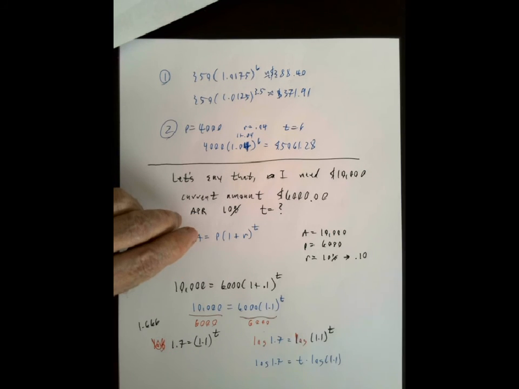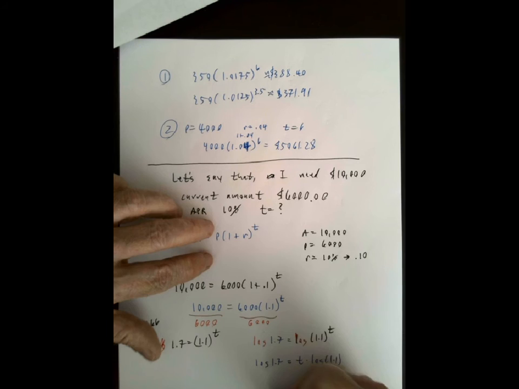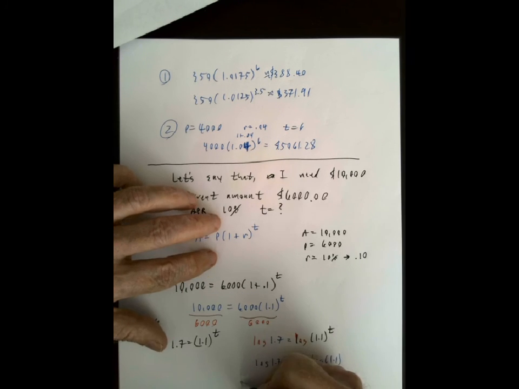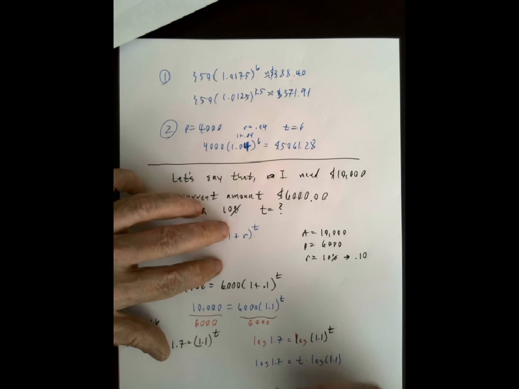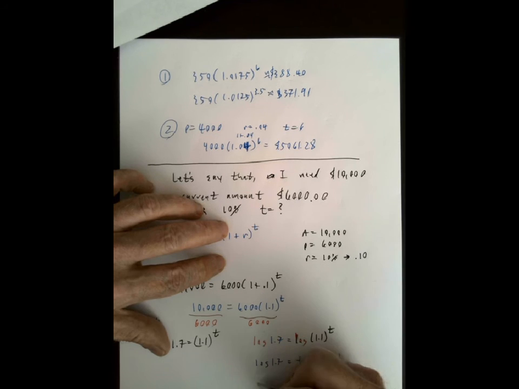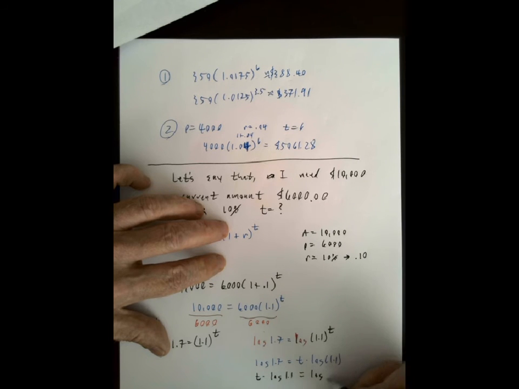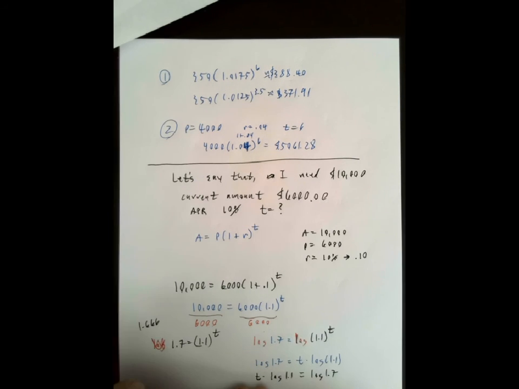So now we're kind of putting it all in. I'll turn the terms around so we can see the exponent, the variable, in front. We've got t in front.